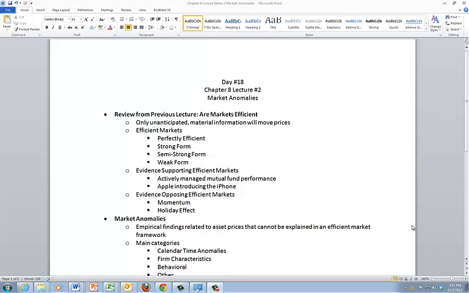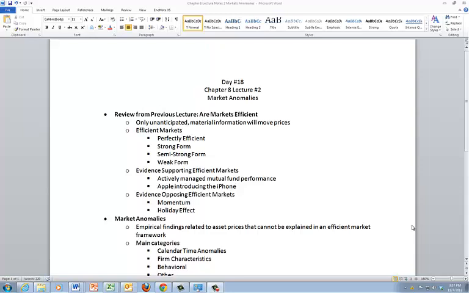form market efficiency. Starting with the bottom level, weak form market efficiency, a market that is weak form efficient accurately and quickly impounds into the prices all material relevant information that is contained in past trading data. So this would be past prices, past returns, past volume.